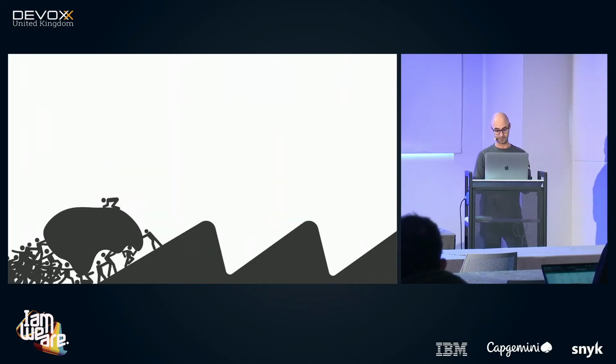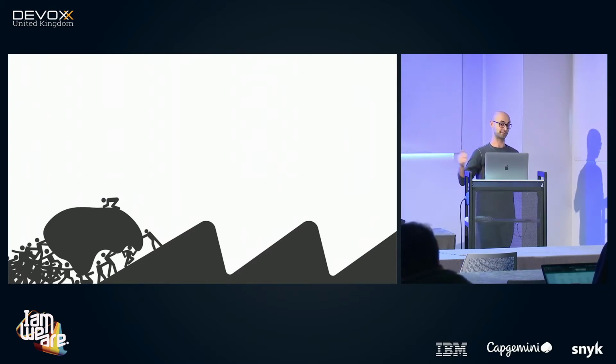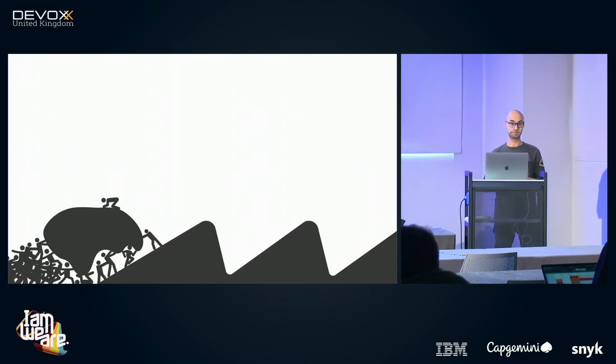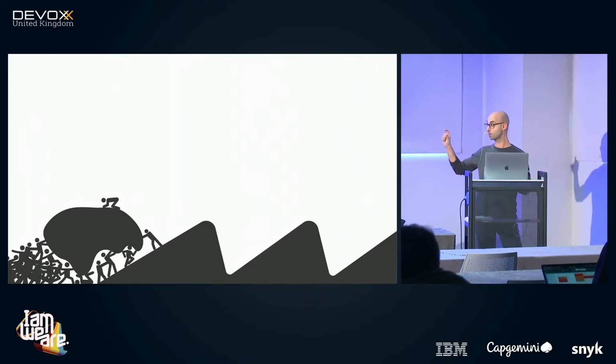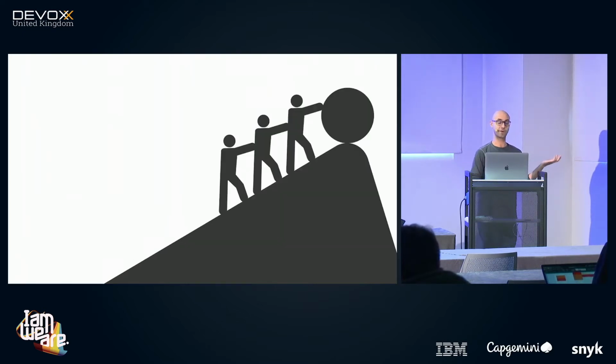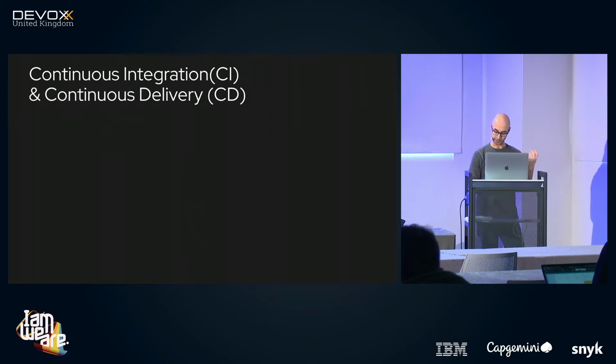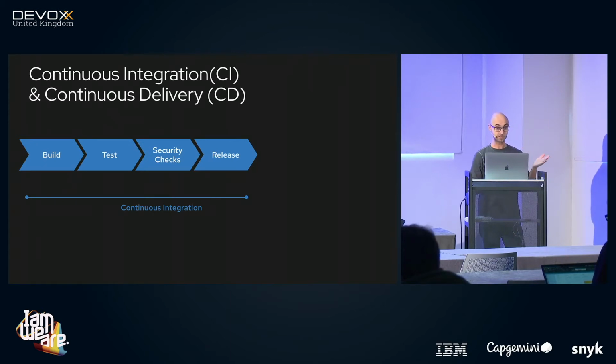And the problem is that it's happening more and more, because we are releasing to production maybe once every 3 months, which means that every 3 months we are getting these problems. So we need to find a way to be able to deploy to production easily and regularly. And this is what helps us, continuous integration and continuous delivery. Probably most of you already know continuous integration is this part where we build the project, we test the project, we do some security checks, and finally, we release the project.